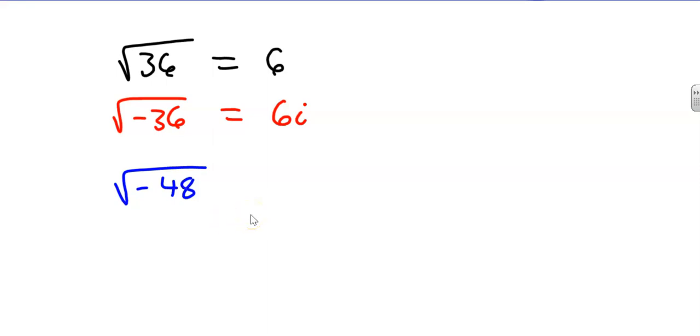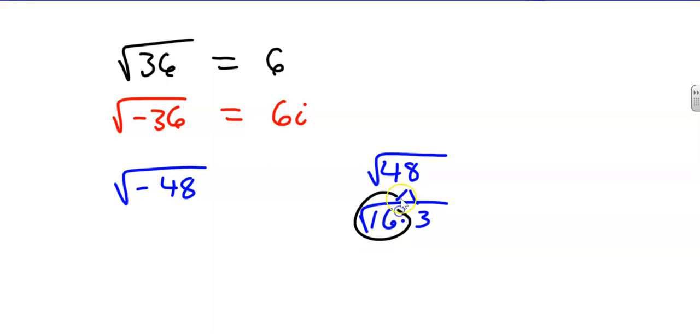Again, if it's not a perfect square root, you can just take the 48 and start breaking it down. If you start multiplying it out, I'm going to go with 16 times 3, because the square root of 16 is a perfect square root. So you can take the square root of 16 and make that 4. And you're going to be stuck with the square root of 3 that's here. The only thing different for negative 48 is that it's still going to be 4 square root of 3, you just put an i at the end of it.